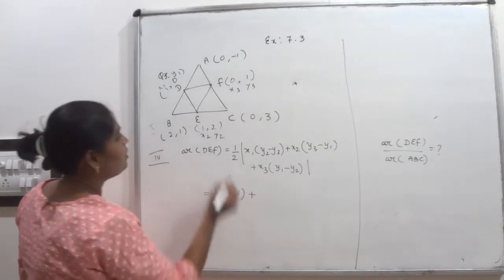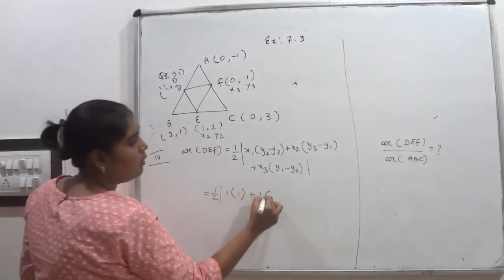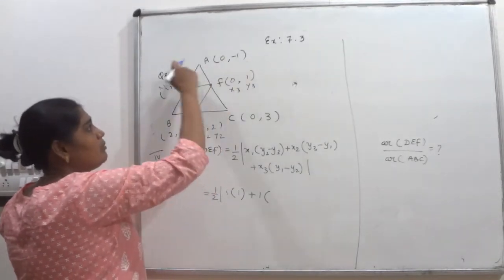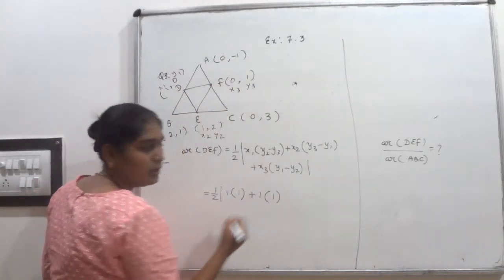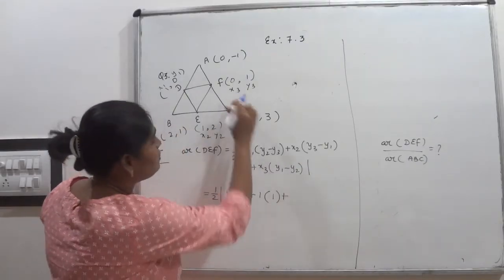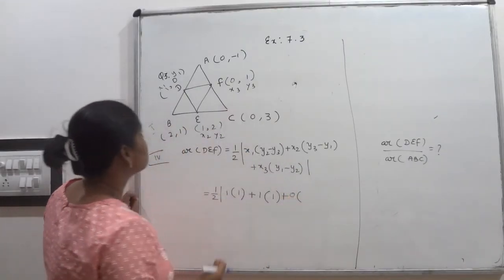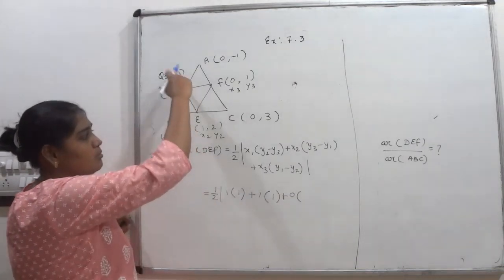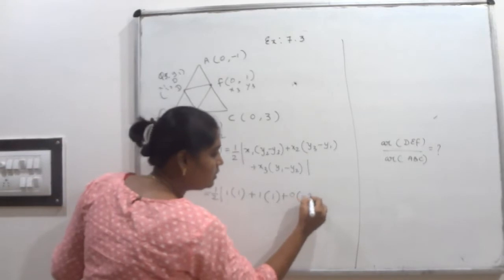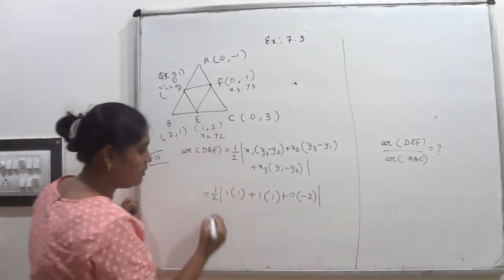Plus x2 is 1, into y3 minus y1. 1 minus 0 will be 1 only. Plus x3. The x3 value is 0, into y1 minus y2. y1 is 0, minus y2 is 2. 0 minus 2 will be minus 2. Close the modulus.